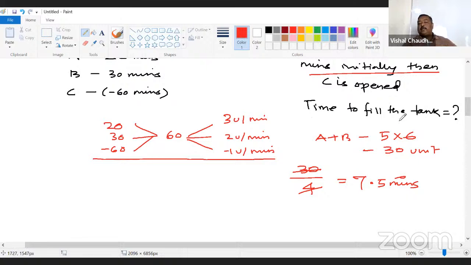टाइम टू फिल द टैंक है ना. टोटल टाइम टू फिल द टैंक कितना हो गया? तो 6 मिनट्स यहाँ A और B और 7.5 मिनट्स तीनों. तो 6 + 7.5 and that is 13.5 minutes.